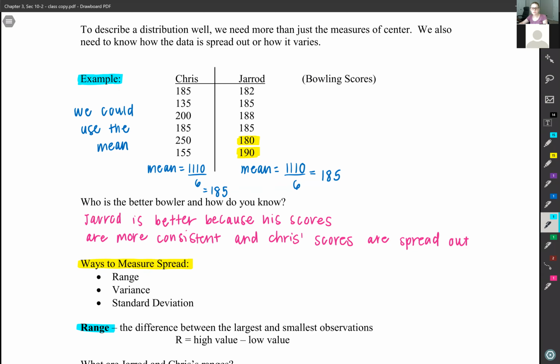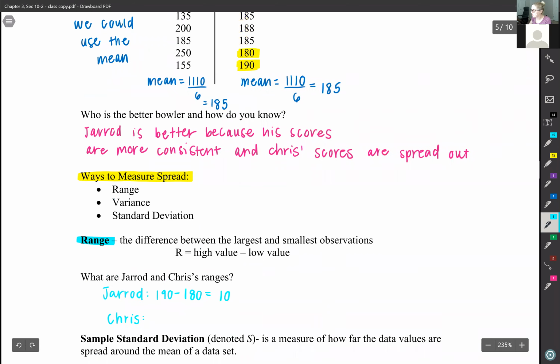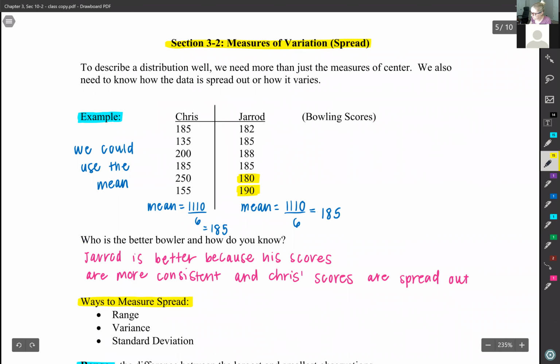I've got a few more answers in. For the most part, they look pretty good. Let's go ahead and just do this one together really quick. We want Chris's highest score and Chris's low score. So go ahead and look at this chart.